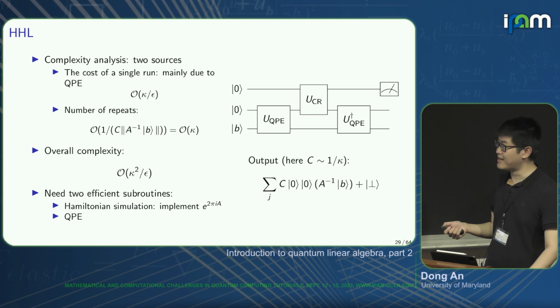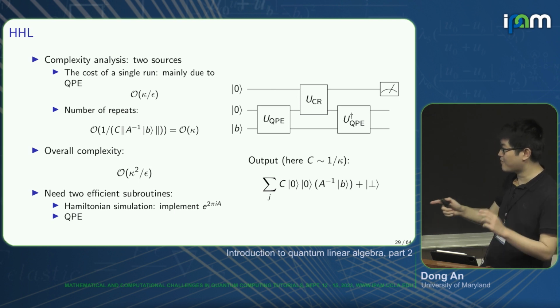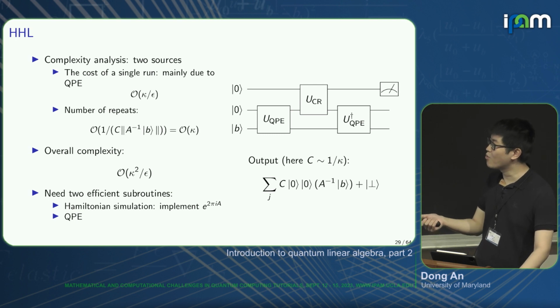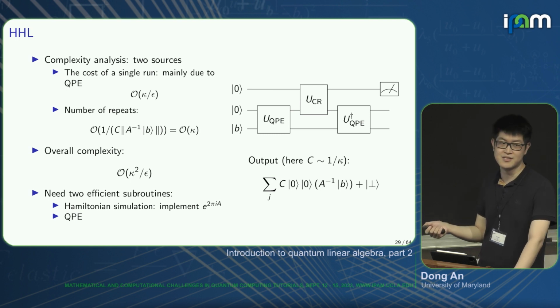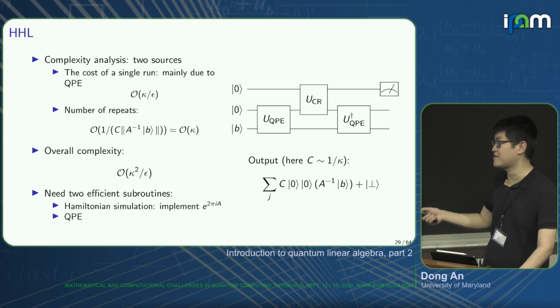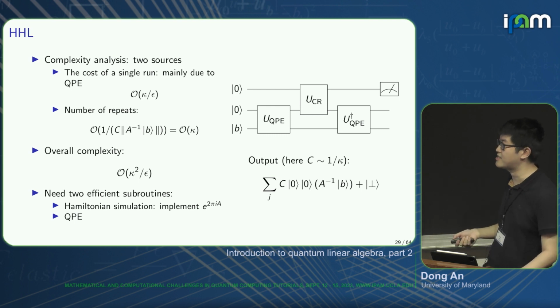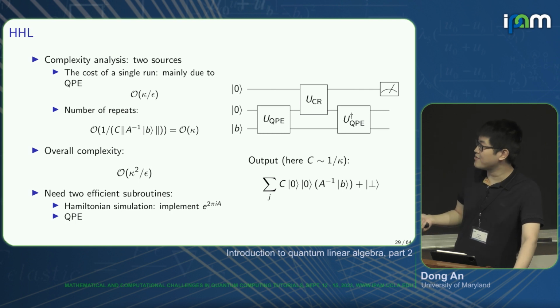The second is the number of repeats. Even after amplitude amplification, in the worst case it depends linearly on the condition number, which means that if the condition number is large, you have to do many iterations.